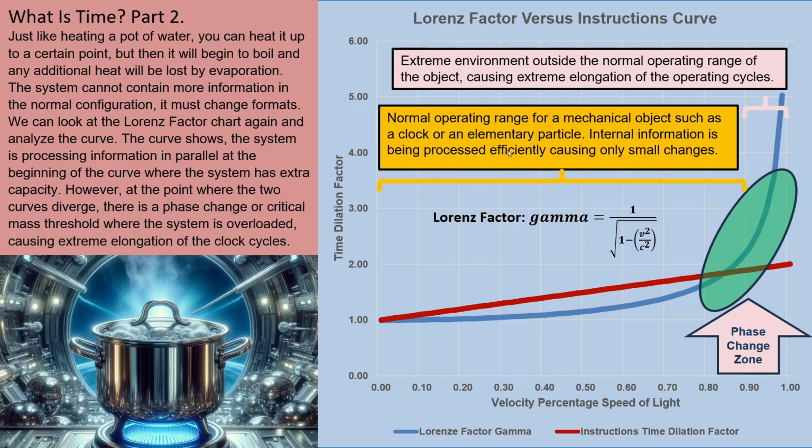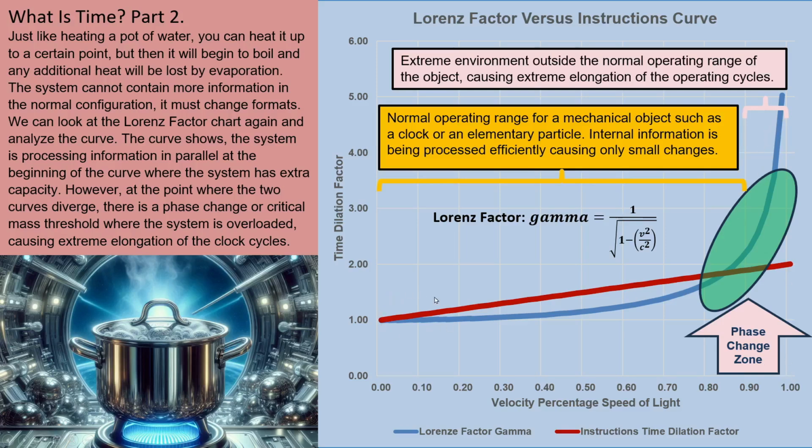Information is being processed efficiently, causing only small changes over this range from about 0 to 90% of the speed of light. But there's an extreme environment outside of the normal operating range of the object, which causes extreme elongation of the operating cycles, right? The clock cycles of any object become extremely elongated as you approach the speed of light.